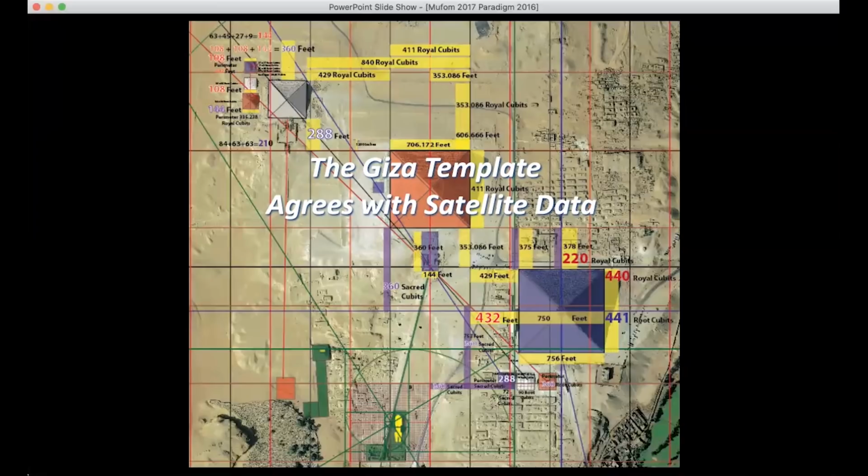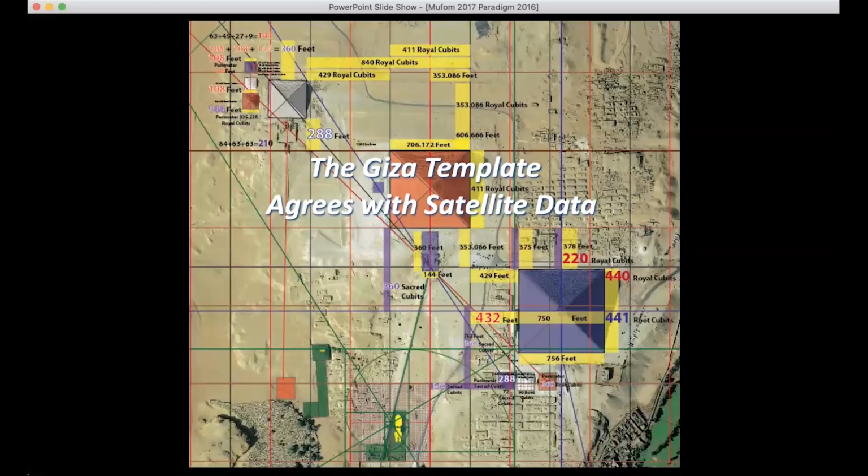And in my book, I also go into comparing the satellite image with Petrie, and I can demonstrate that if you take that same satellite image and overlay Petrie's data, you'll find that it does not agree with the satellite image. There are differences.